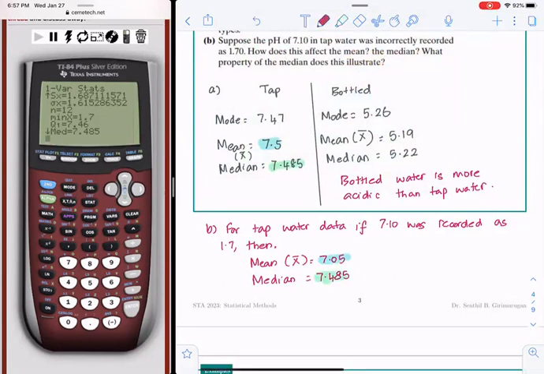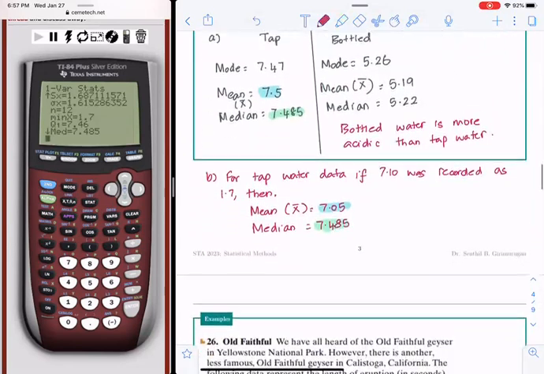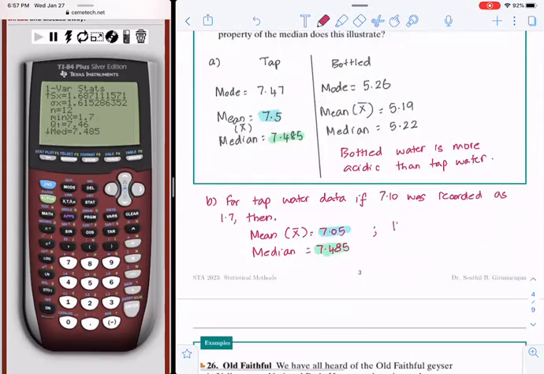So clearly 1.7 is an outlier. Majority of the observations in the tap water sample is in sevens, and 1.7 is clearly an outlier. So what happened when we introduced the outlier? It affected the mean, but not the median.